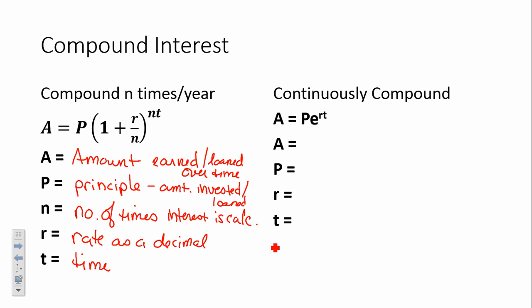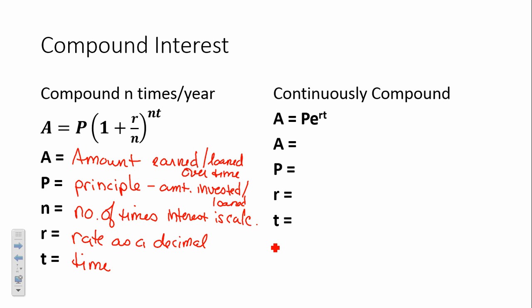It is the amount invested or loaned. So have you seen this formula as well? A equals Pe^(rt), okay. So again, the amount that we're making or loaning over time after it's all said and done.